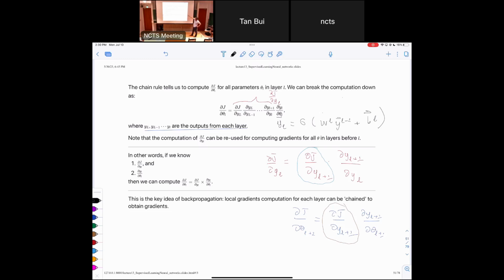So you see that in order to calculate the derivative of J, the loss function, with respect to theta L, recall that theta L is W_L and b_L together. Theta L is just a vector made by concatenating W_L and b_L. Think about it: you can roll out the columns of the weight matrix, column by column, put them together, and then also put the bias into a big vector.